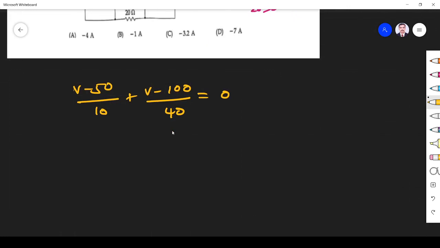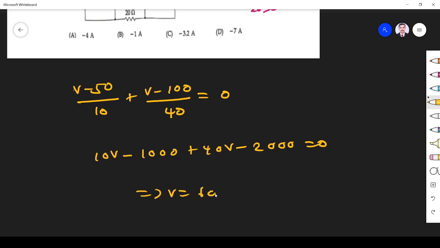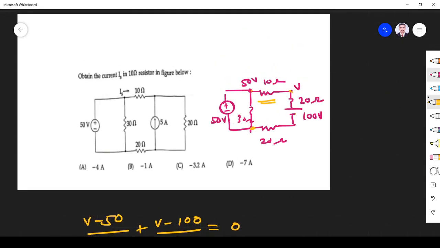What will happen if we simplify? 10V minus 1000 plus 40V minus 2000 is equal to 0. This implies V is equal to 60 volt. So I got the potential at this point as 60 volt. The current is flowing in this direction.